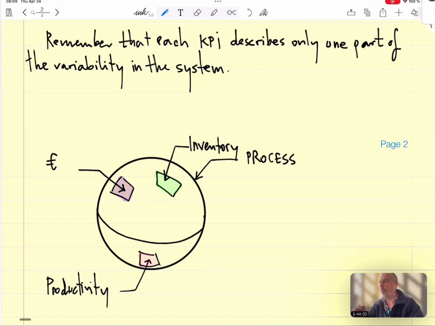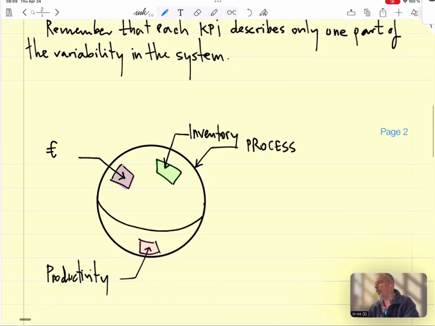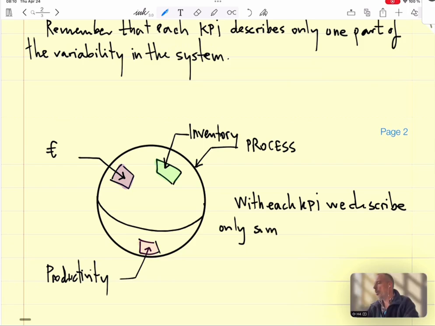So we measure with each KPI, we describe only some portion of the variability.